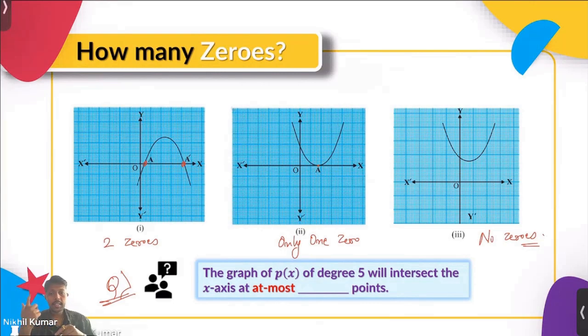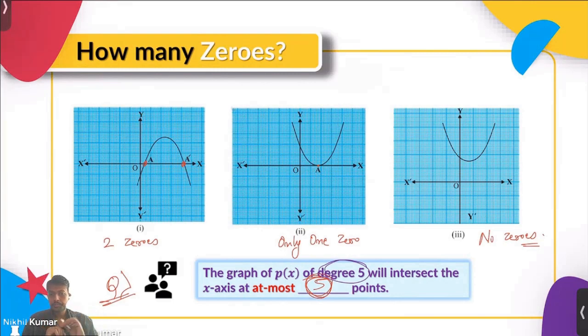It can intersect at 0 points, 1 point, and so on. But what is the maximum number of points where it will cut the x-axis? This is something to remember. Whatever the degree, those many number of points. At most 5 points.